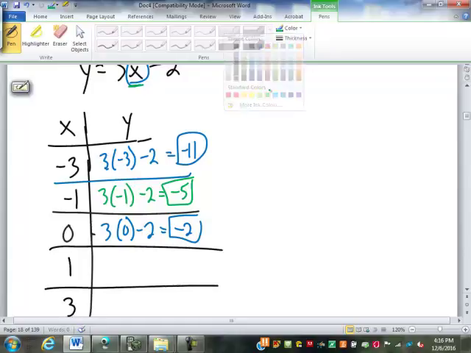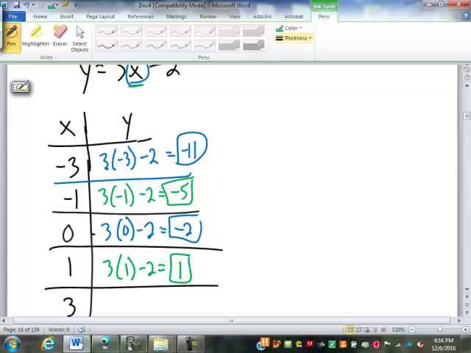How about when x is 1? It'll be 3 times 1 minus 2, which is, yeah, 3 times 1 is 3, minus 2 is 1. When x is 1, y is 1. And if x is 3, it's 3 times 3 minus 2, which is 7.